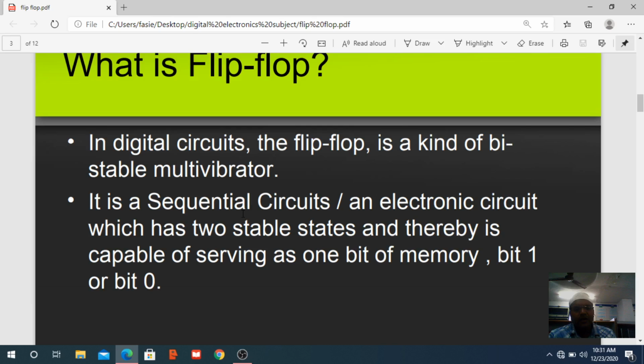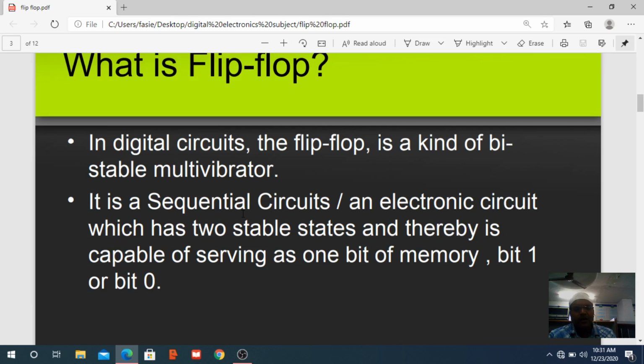In the SR flip-flop, we use the two universal gates. We are already aware of the universal gates: the NAND gate and the NOR gate. These two are called universal gates. When you implement your SR flip-flop using NAND gates, it is considered active low. This is called the active low implementation of the set-reset flip-flop.